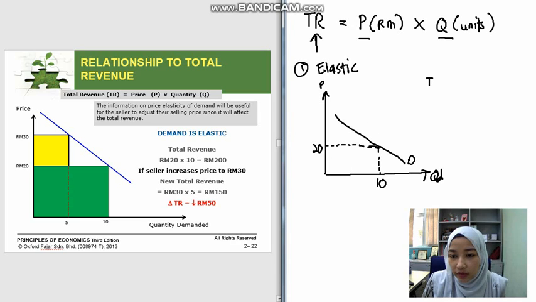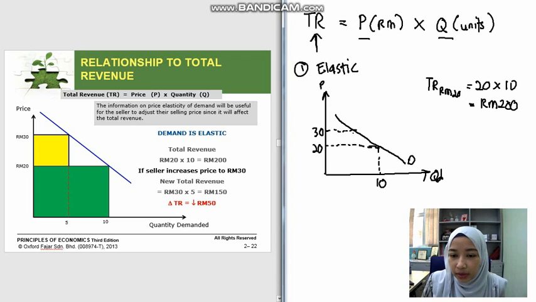So the total revenue when the price is RM20 is 20 times 10, which is RM200. That is when you sell your product at 20 ringgit. But at one point you decide to increase the price of your product to 30 ringgit.